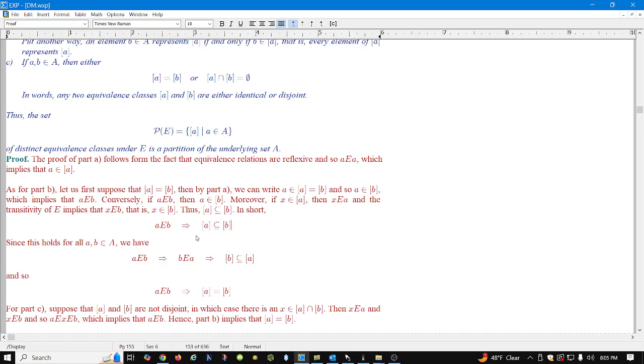Any X on the left side is also in the right side.